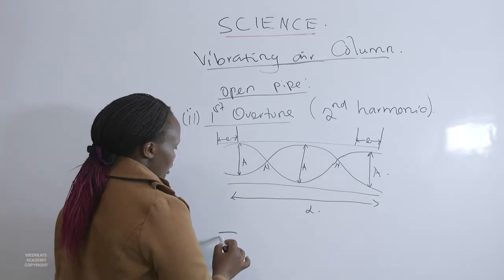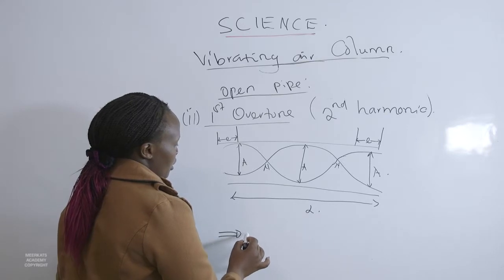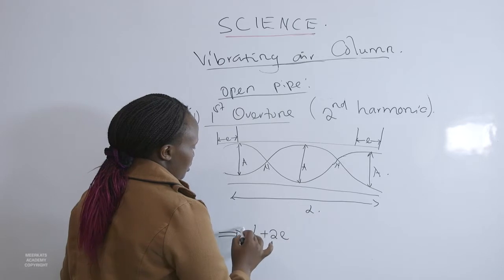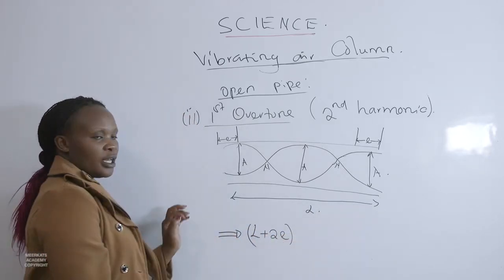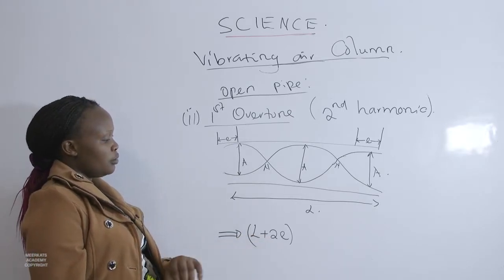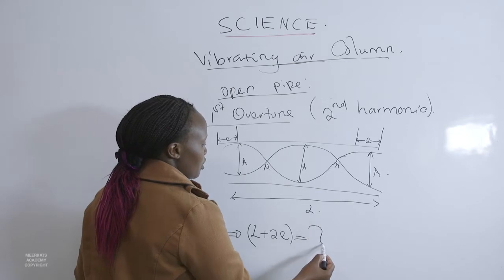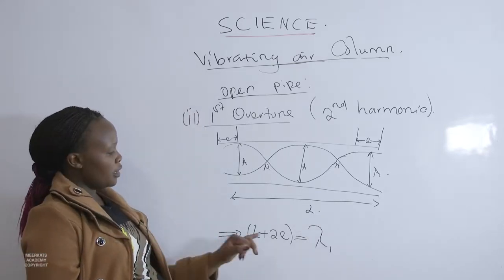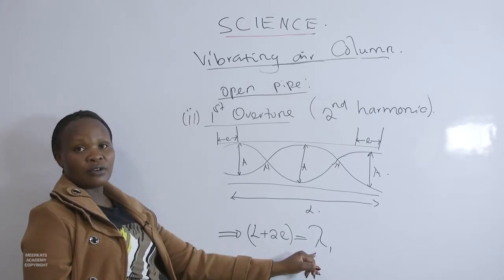Therefore, L plus 2E, which is the full length, is equal to the wavelength of the first harmonic.